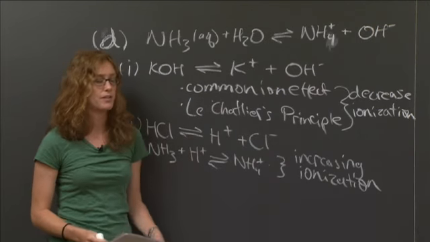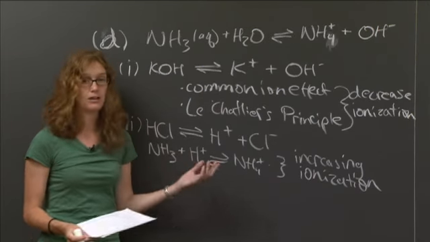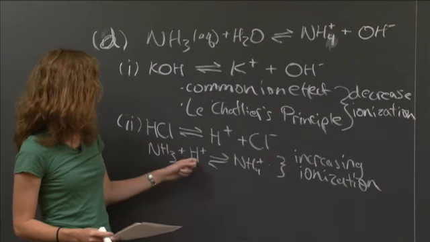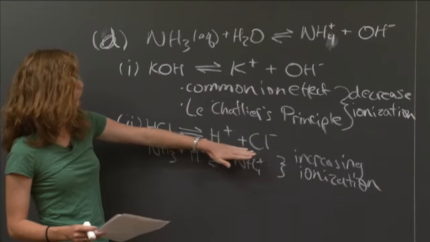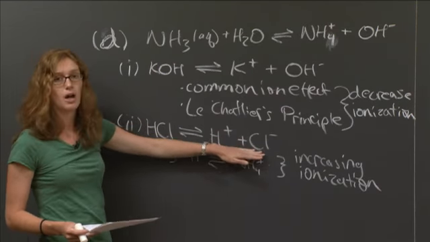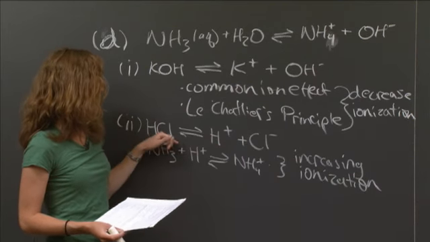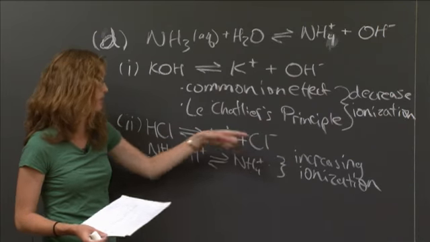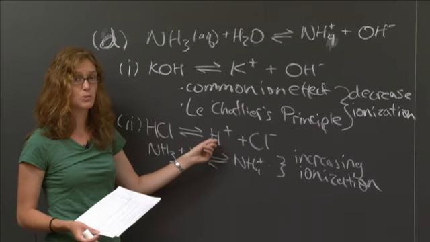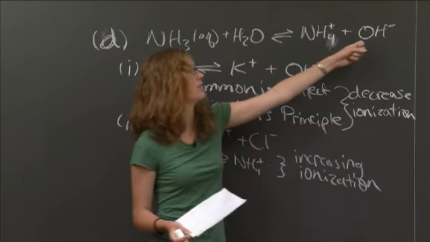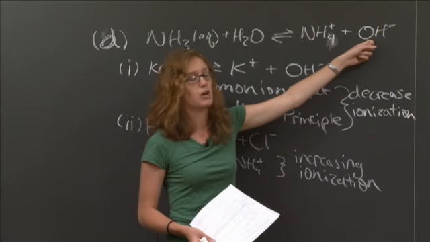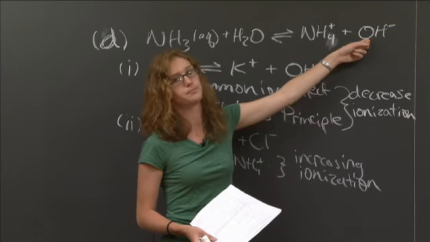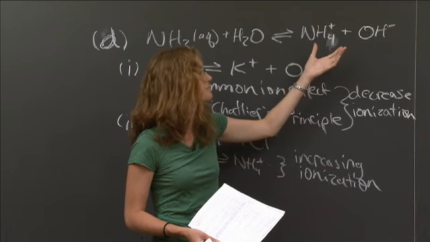Another way to think about this is completely valid and kind of the same thing. If we look at this ionization reaction here where the hydrogen chloride is dissociating into protons and chlorides, we can recognize that these protons will then react with the hydroxide that is produced in the initial ionization reaction.